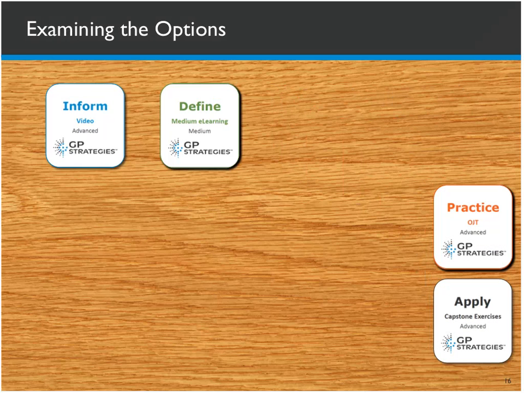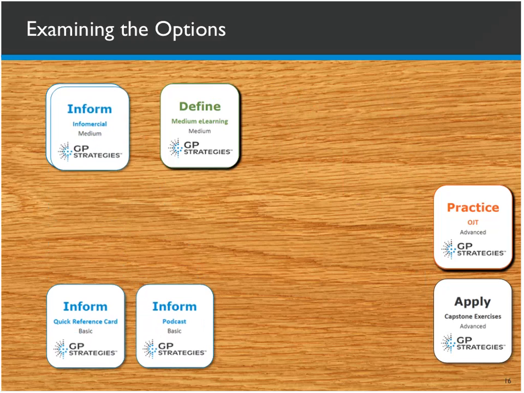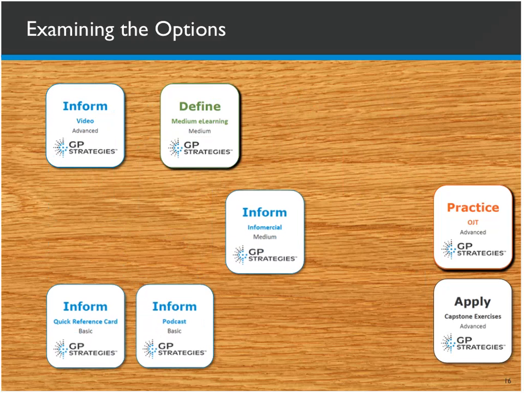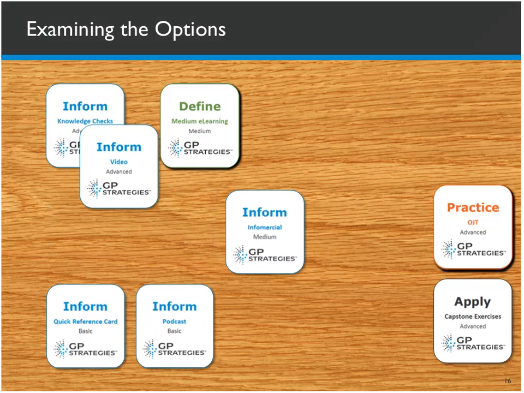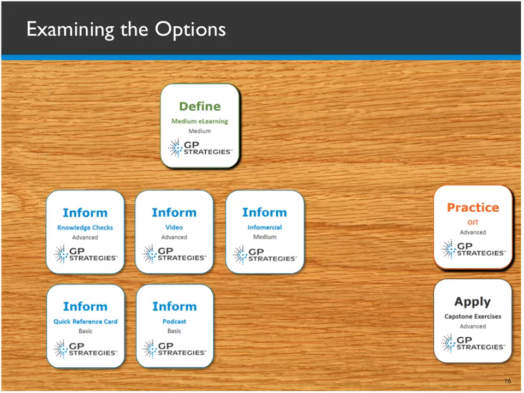How would you educate the learner using the different modalities that are available from Inform? So as I lay these cards out, think to yourself, which of these different modalities that we have talked about would you want to use to convey to your learners what the culture and value of your organization is?